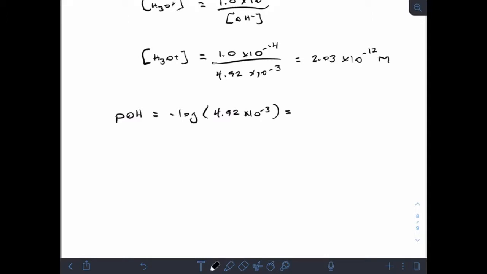The pOH will be 2.308, right? And the pH is 14 minus the pOH. So the pH is 11.692.